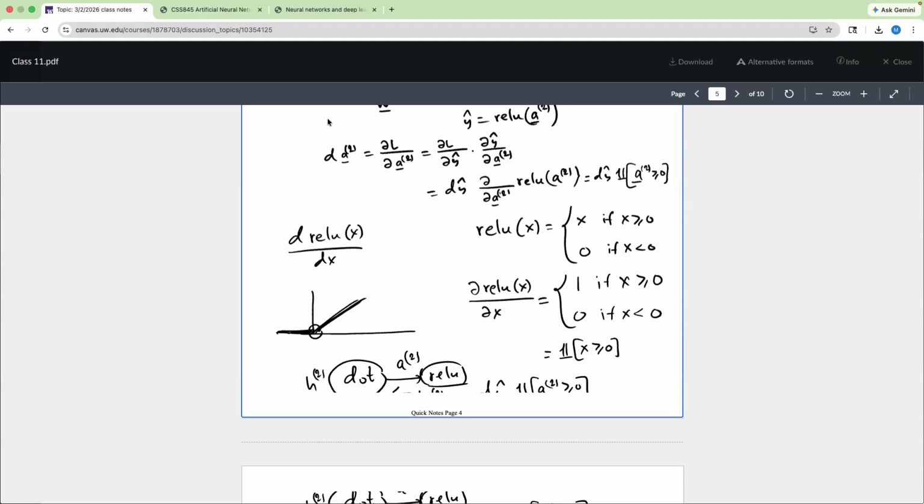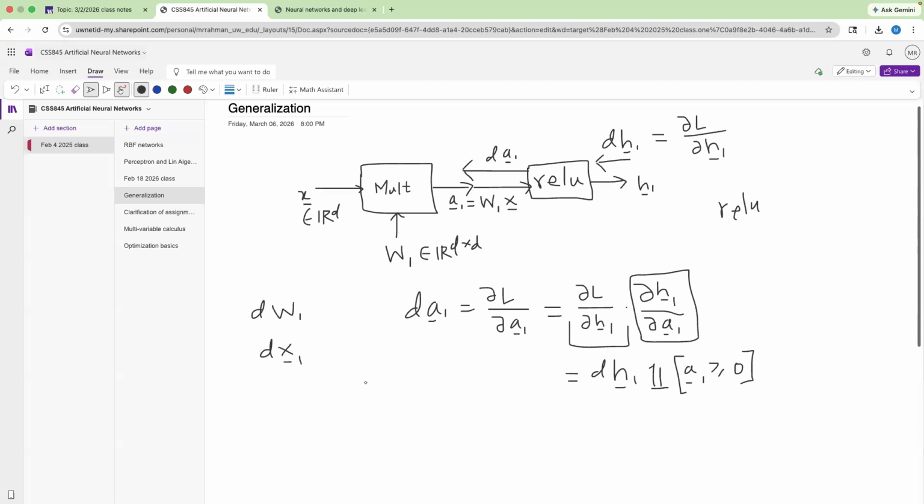So the way to think about this is, let's say you have a vector a1, and let's say it has two components, a1 and a2, right?